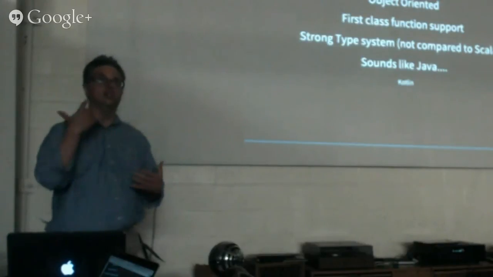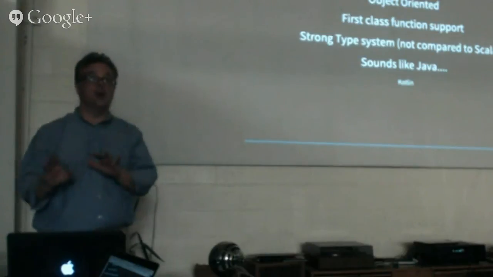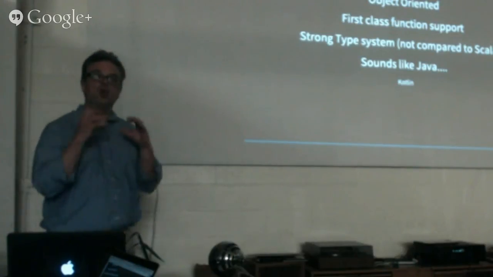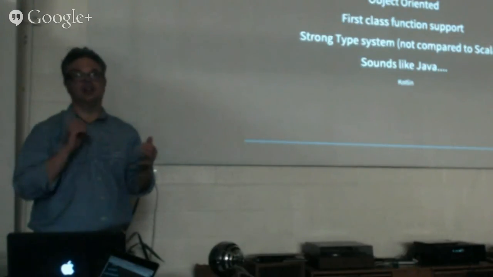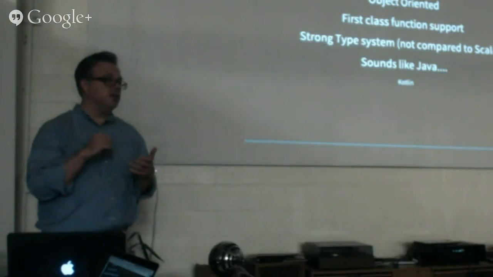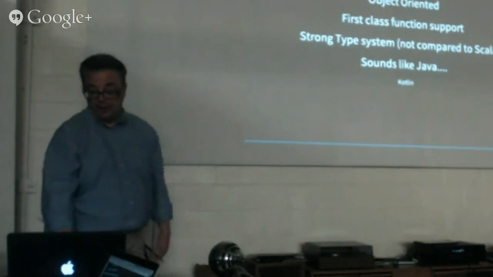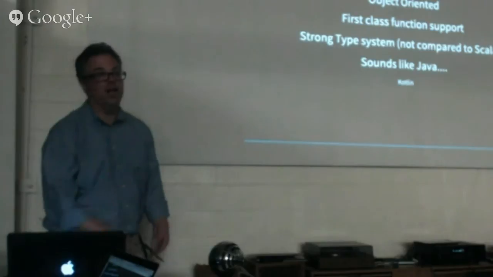Kotlin is really trying to be a replacement for Java, not necessarily in the market, but for people who need everything that Java is: simple, kind of lightweight, kind of runs everywhere. That's what Kotlin is meant to be.